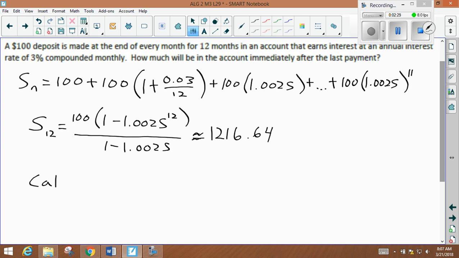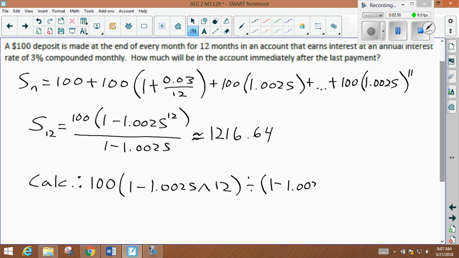If you didn't get that, I'm going to show you what you should have entered in your calculator. You want to put exactly this: 100 times 1 minus 1.0025 caret 12 close parentheses, divided by. You need parentheses for your denominator, or else it follows order of operations and gives you the wrong answer. That's what you need to put in your calculator.